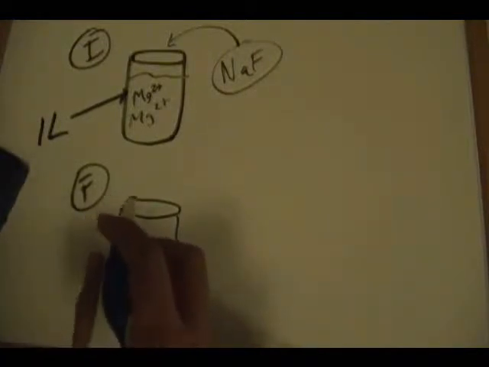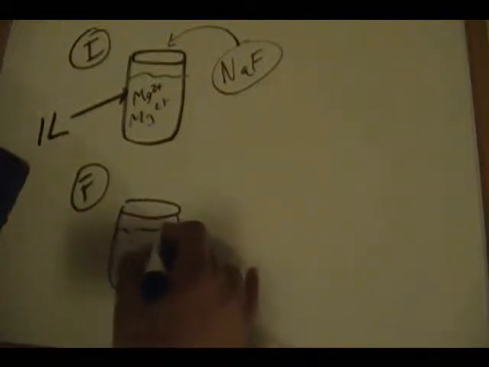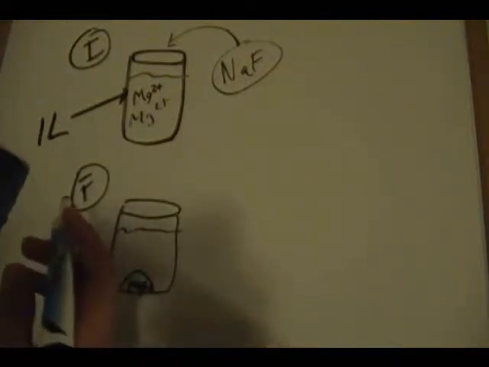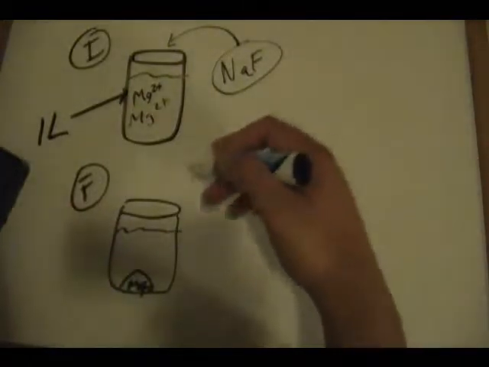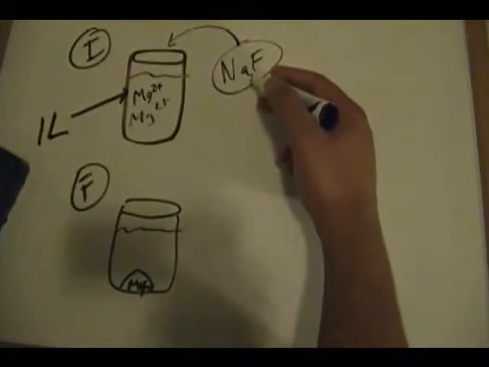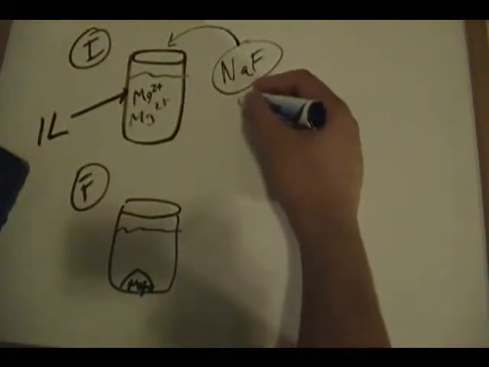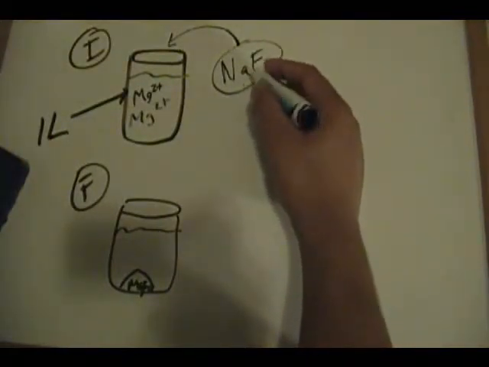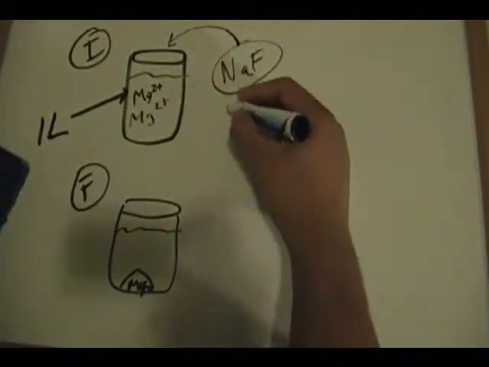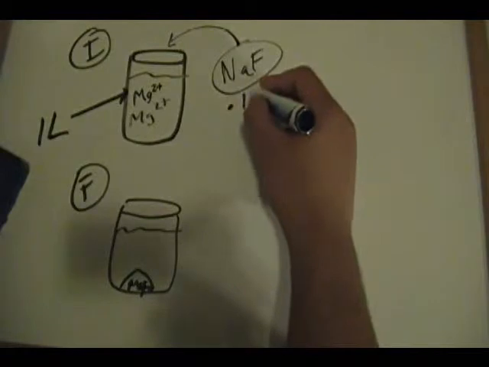The whole point is to get to a degree where we can start to precipitate it out. Our question is, what is the concentration of magnesium given that we know this value? Just to be simple, we'll say the amount of sodium fluoride added into this beaker is 0.1 mole.